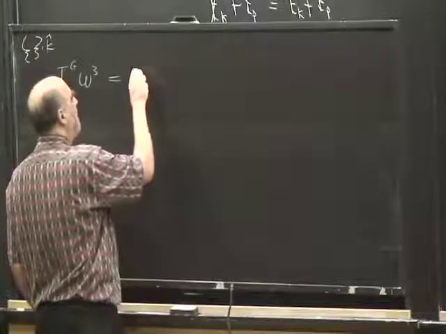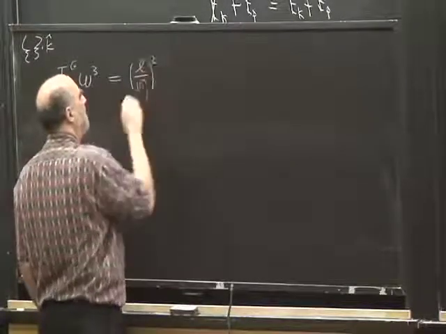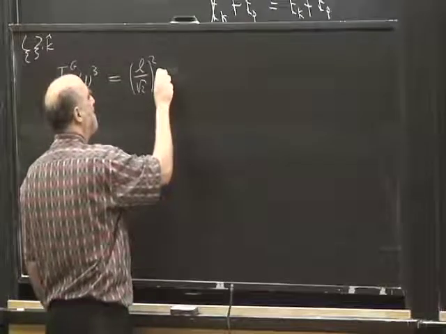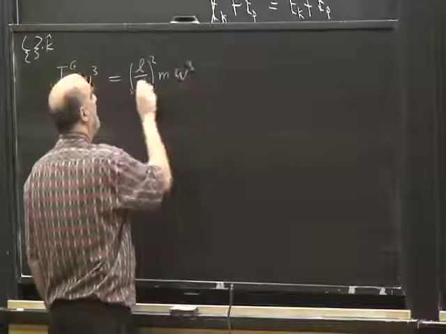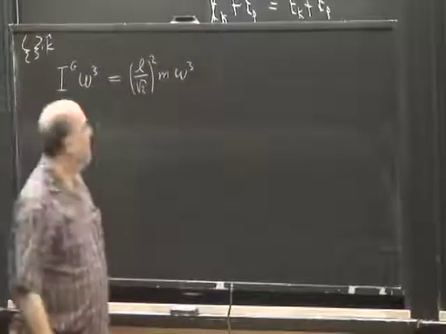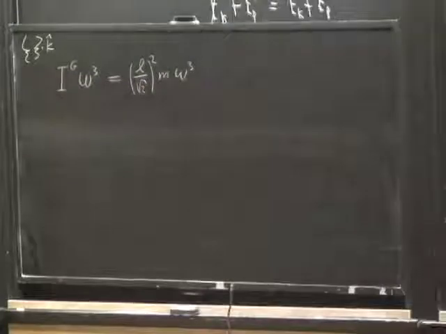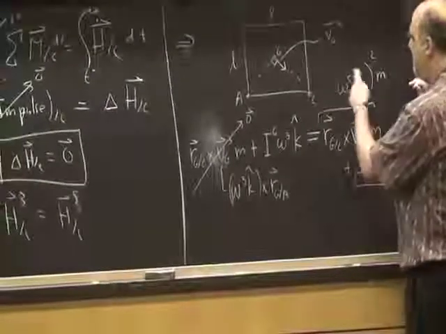Then on the right-hand side, we have this L over the square root of 2, quantity squared, multiplied by the mass, multiplied by omega_5, in the plus direction if omega_5 is positive.